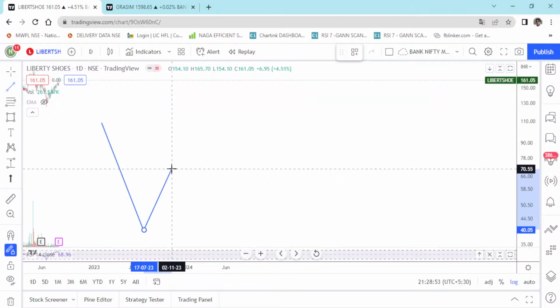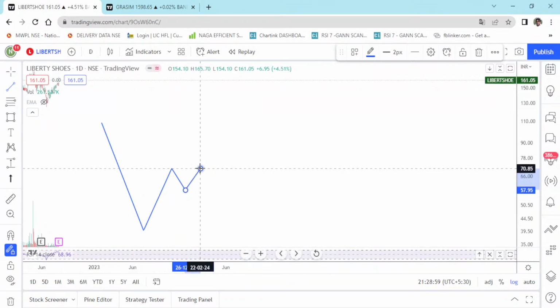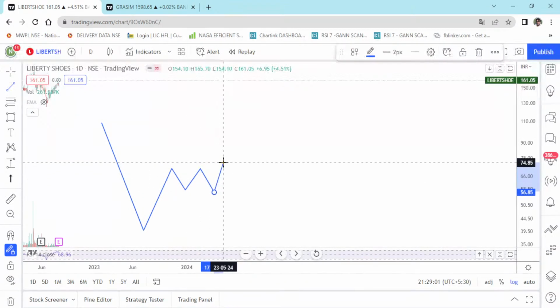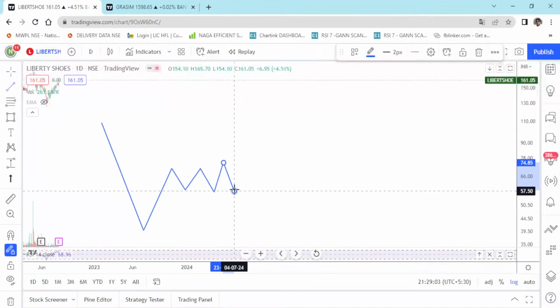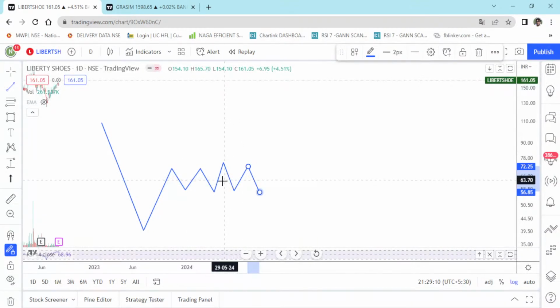Let it go till 300, and after a certain period of time it starts moving sideways. It can be like this, like this. Every time it will not have the same bottom and the same top, but it will be in a consolidation.